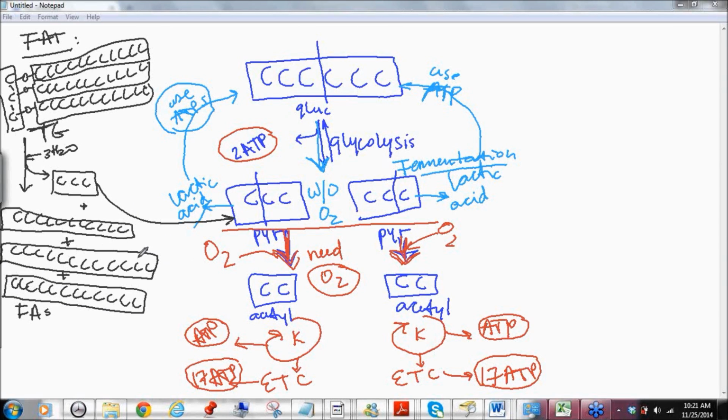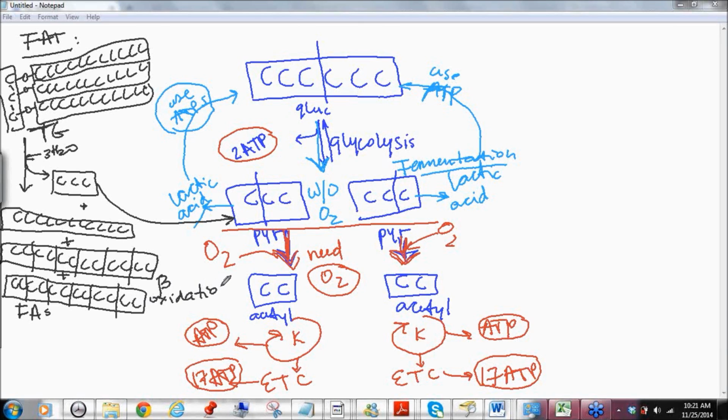The way we use them for energy is we take the fatty acids and break them up into 2 carbon units. The process of breaking them up is called beta oxidation.